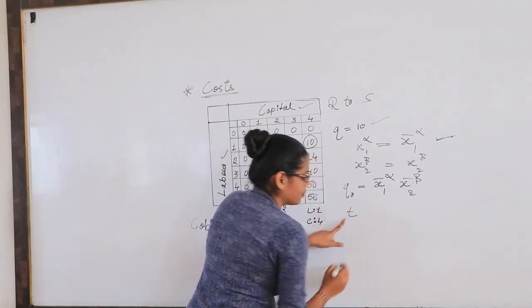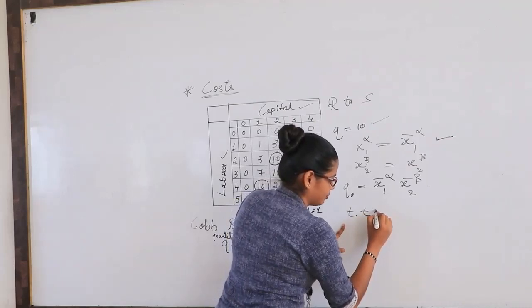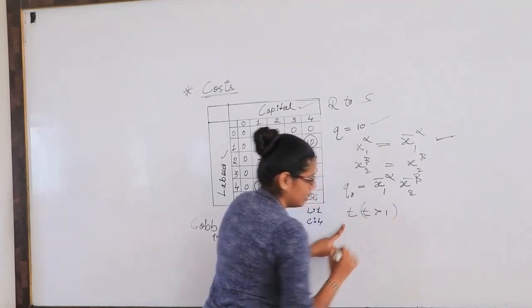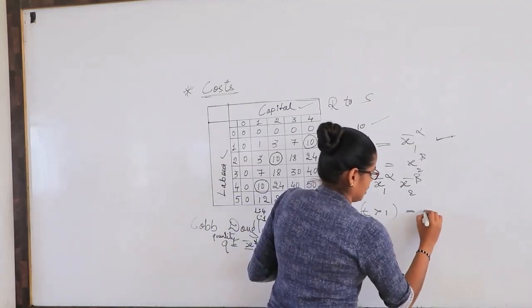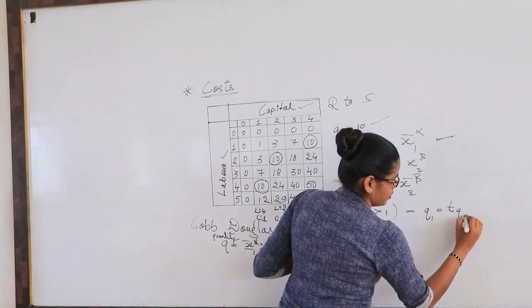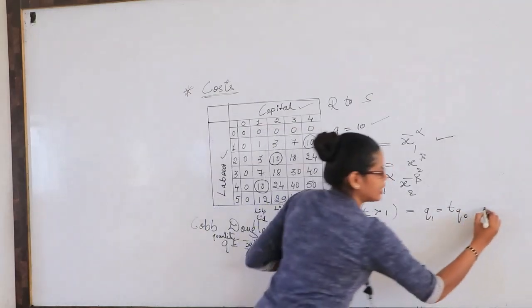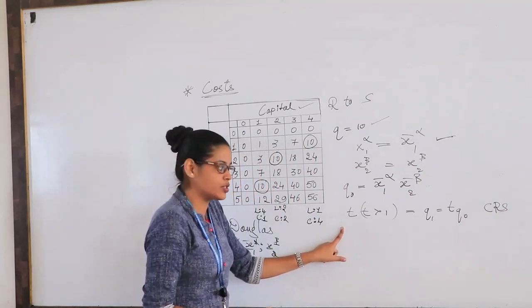And when you have increased to t times, okay, then what is your new equation? We get q1 is equal to t raised to q0, which is again nothing but defined as the CRS, constant returns to scale.